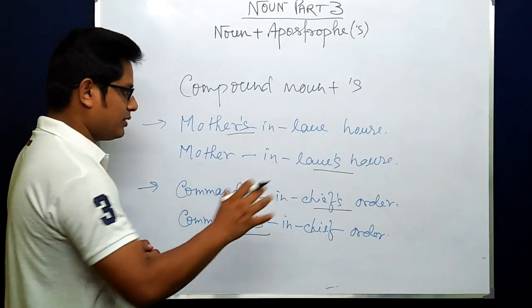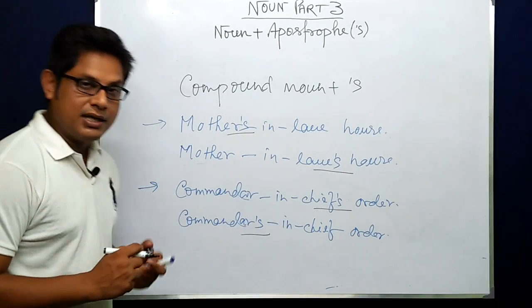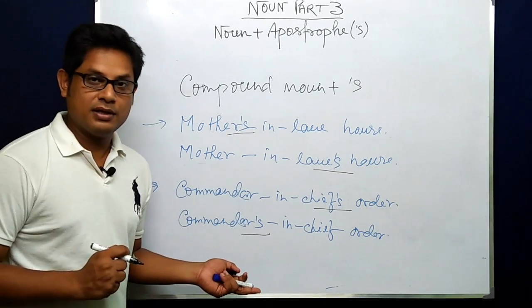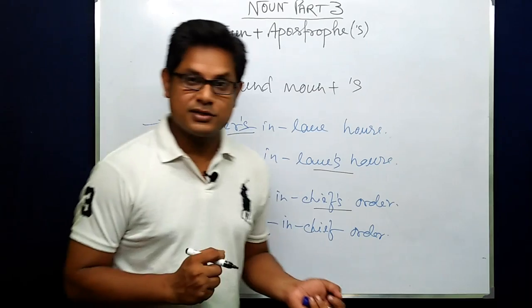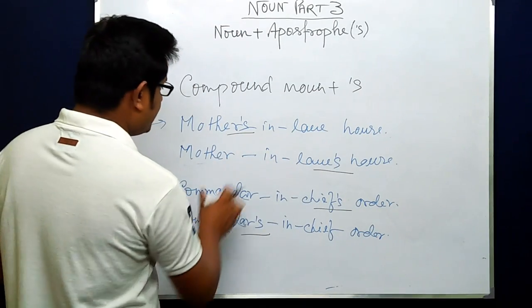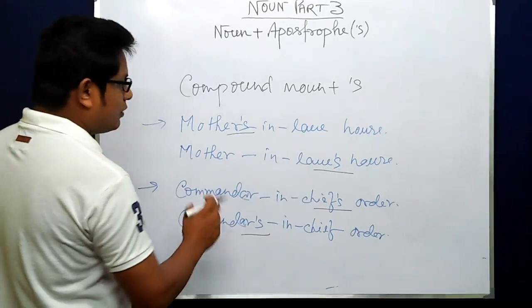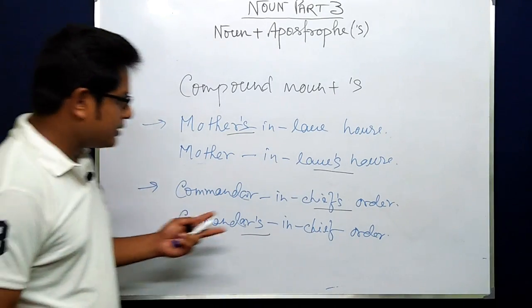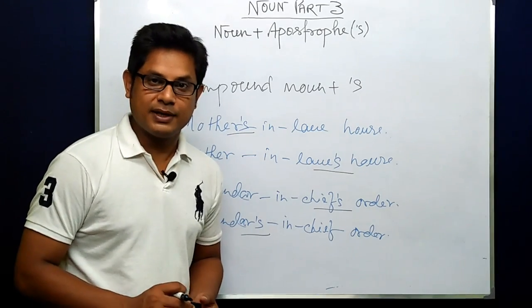This is a compound noun, clear? And normally you get such things in your exam paper because you are told to do error correction. So over here also you are told to find which one is right, mothers-in-law house or mother-in-law's house, commander-in-chief's order or commanders-in-chief order, right?